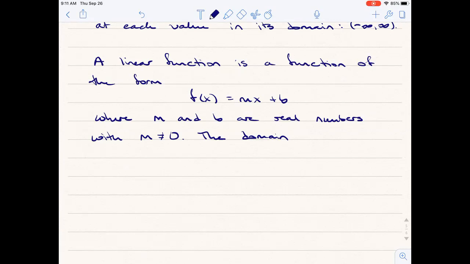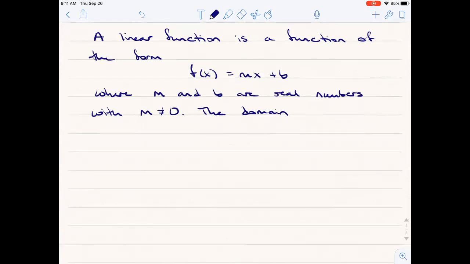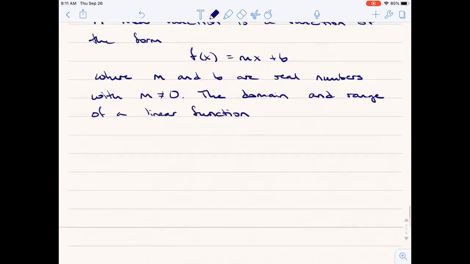It also spans from negative infinity to positive infinity. So the domain and range of a linear function is negative infinity to positive infinity.